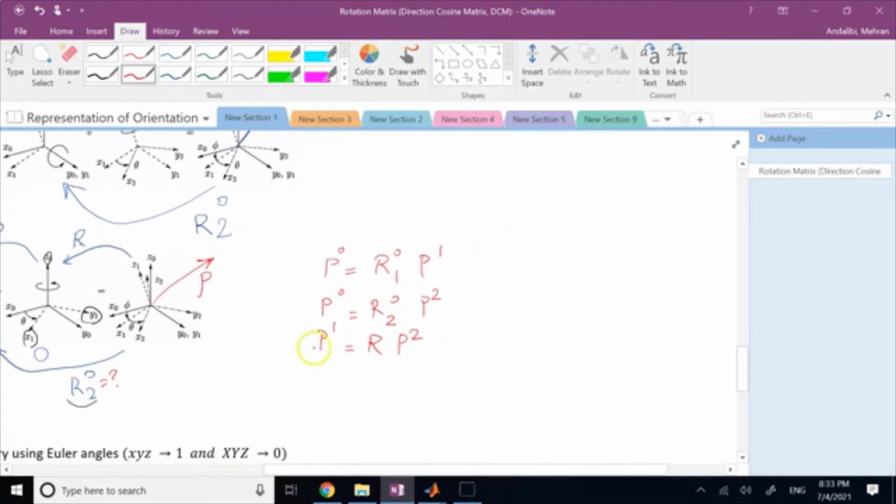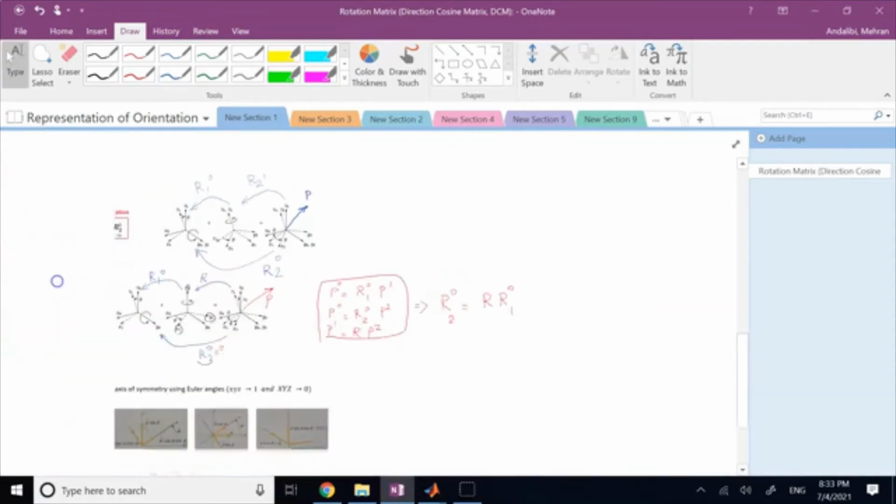So if I combine these 3 like last time, I can see that P in 0 can be written as R times R10. And you might say, well, this is the pre-multiplication.